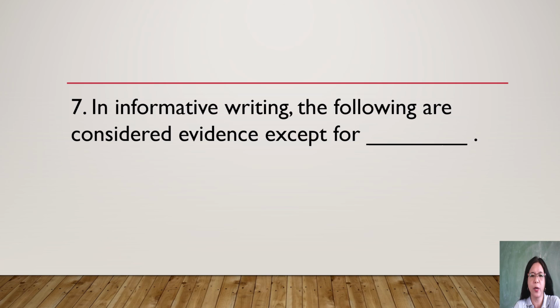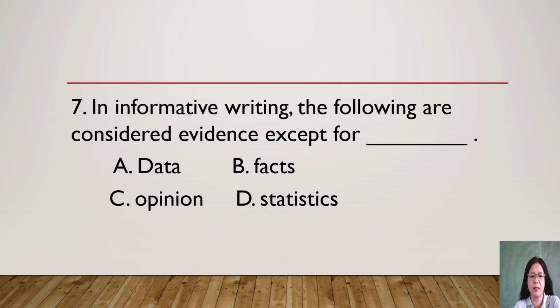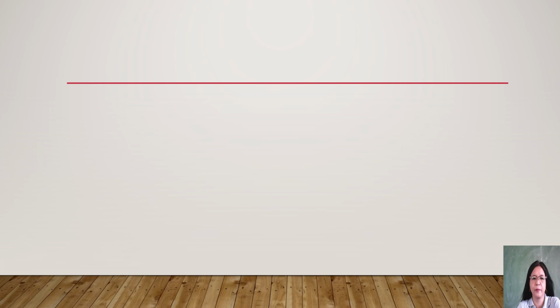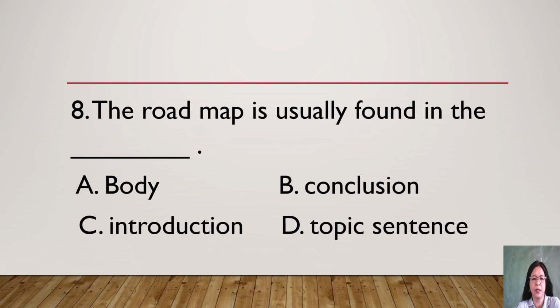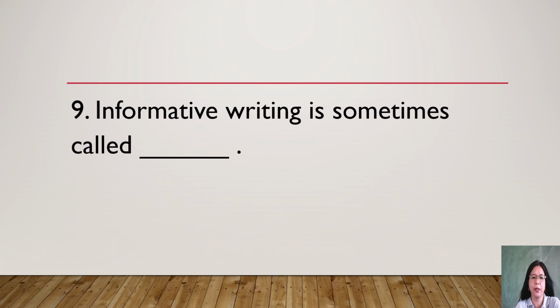Number 7. In informative writing, the following are considered evidence except for blank. A. Data. B. Facts. C. Opinion. D. Statistics. Number 8. The roadmap is usually found in the blank. A. Body. B. Conclusion. C. Introduction. D. Topic sentence. Number 9.